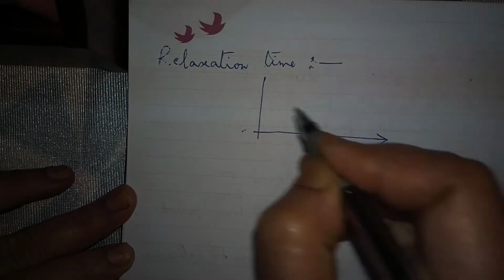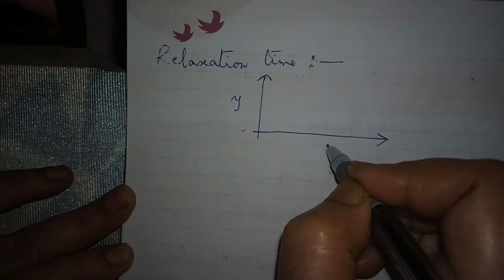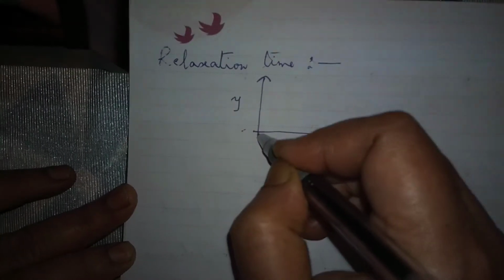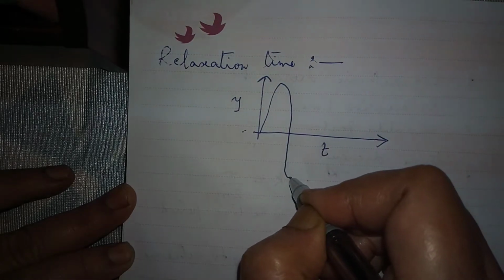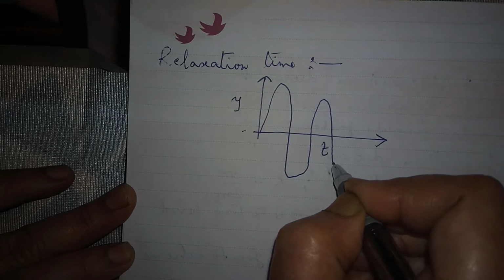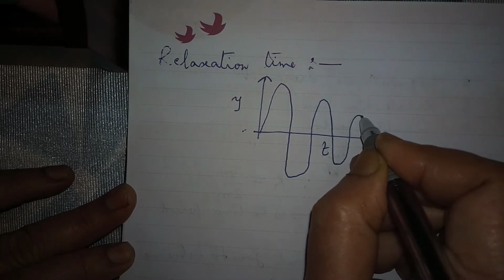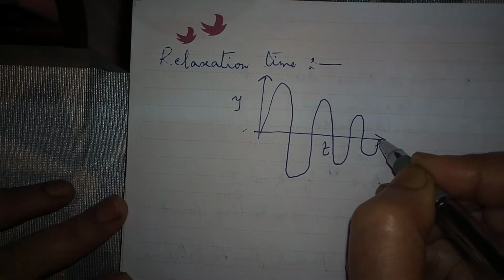Okay, so we know that in a damped oscillatory motion, if we plot the amplitude of the displacement with time, then we see that due to damping, the amplitude decreases. Damping depends upon the frictional force, the resistive force that comes from various reasons, friction of air, viscosity.